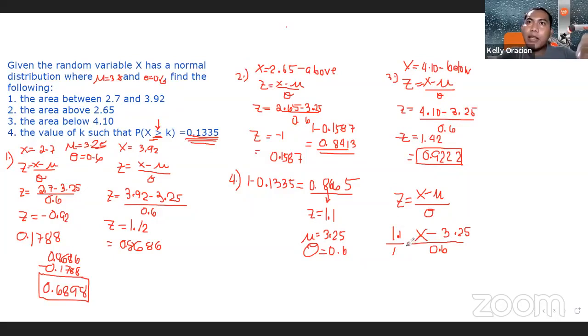Cross multiply. 1.11 times 0.6 is equal to x minus 3.25.